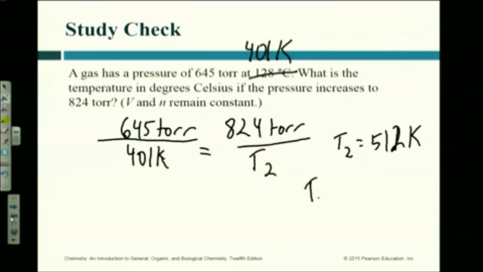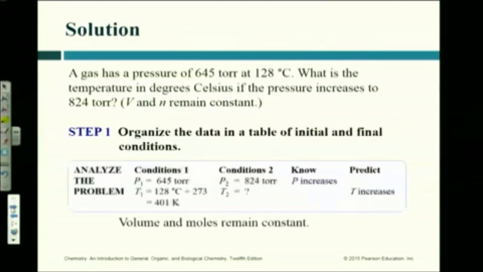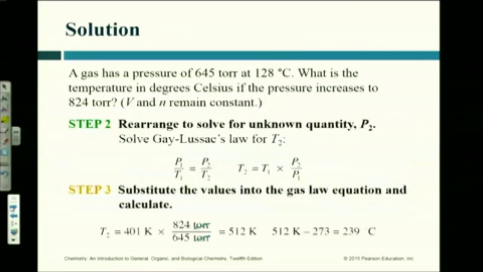So T2 in Celsius is 512 minus 273, so it is 239 degrees C. See why you should think about the problem first?